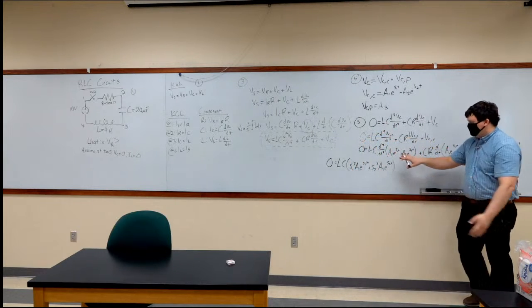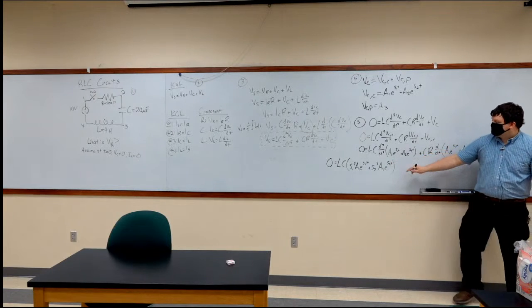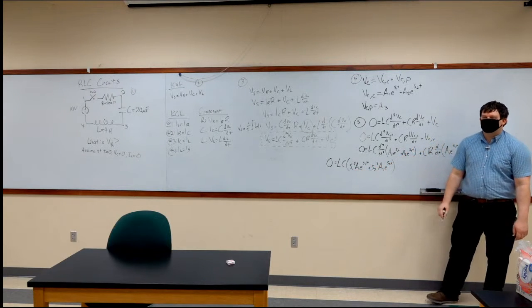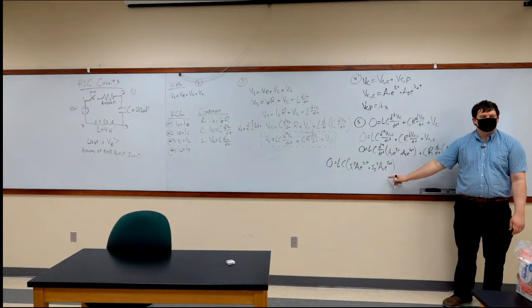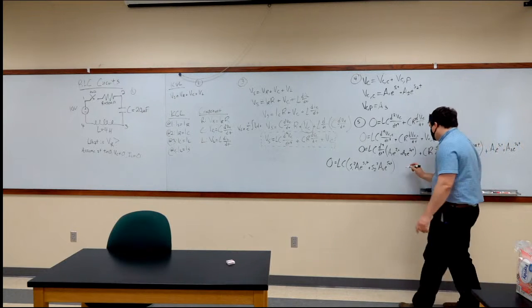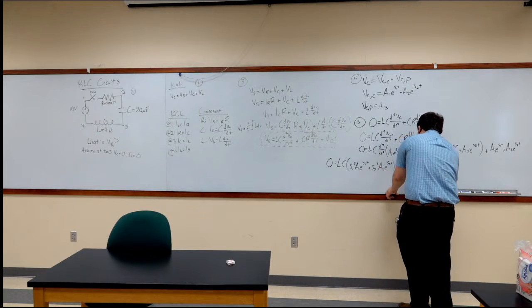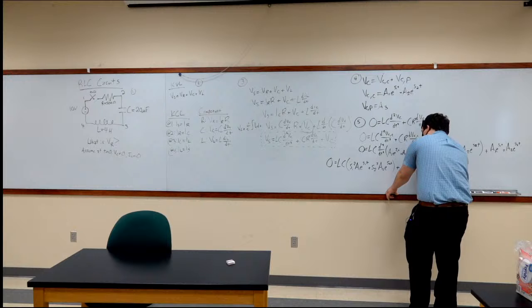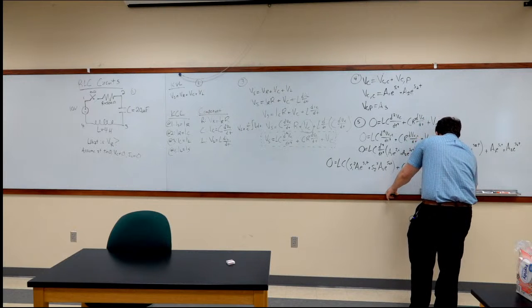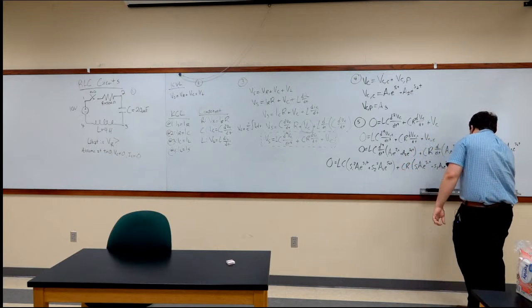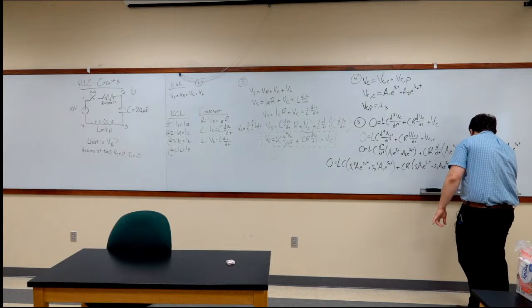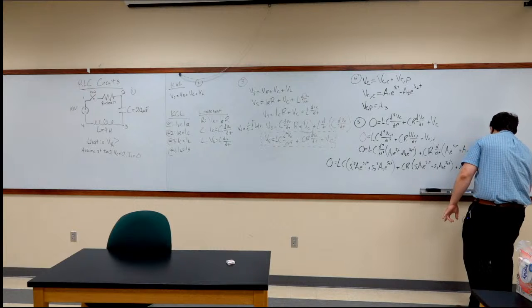That's this double derivative. You just pull out an S1 every time you take a derivative, and an S2 every time you take a derivative. Plus CR times S1 A1 e to the S1t plus S2 A2 e to the S2t, plus A1 e to the S1t plus A2 e to the S2t.